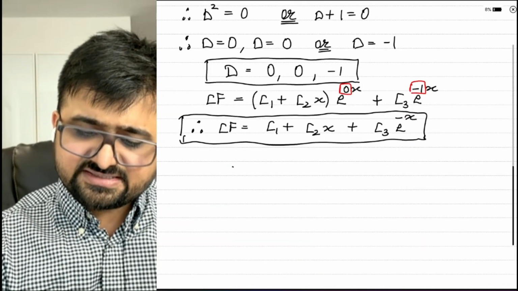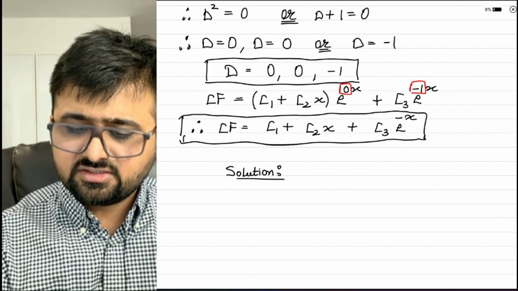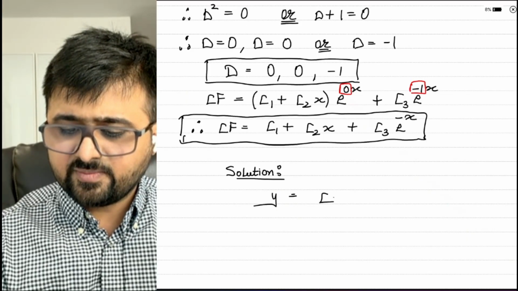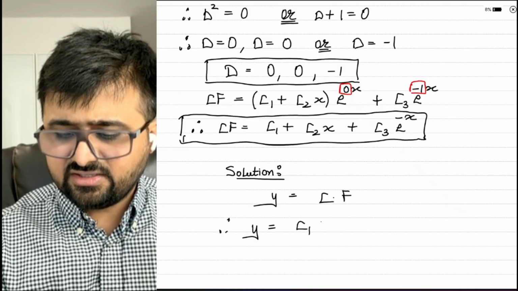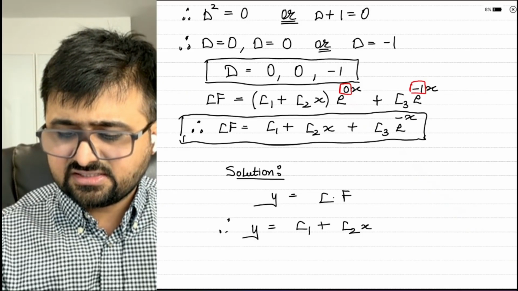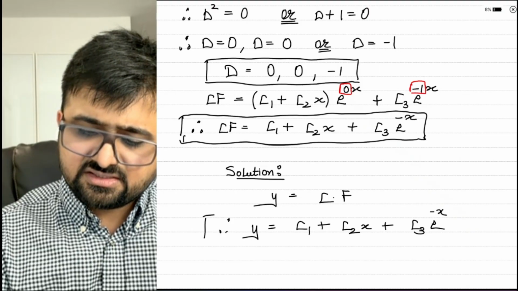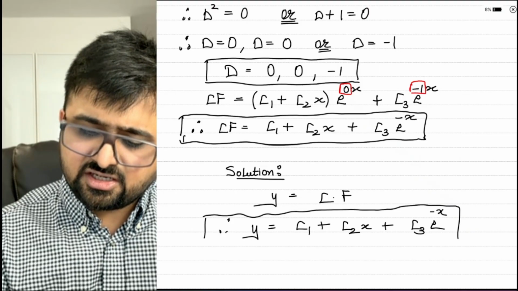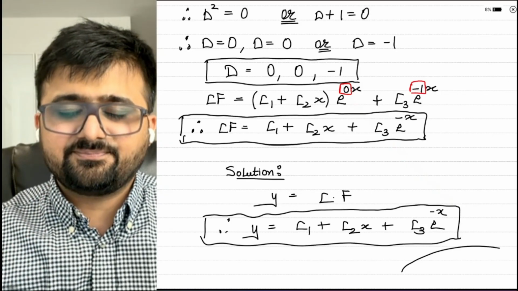So therefore, my solution is going to be just y is equal to the complementary function. So y is equal to C1 plus C2x plus C3 e raised to minus x is going to be my solution of that differential equation. I hope that makes sense.